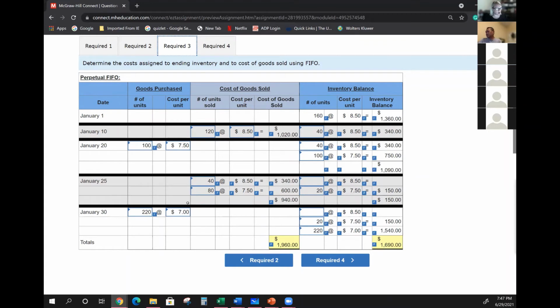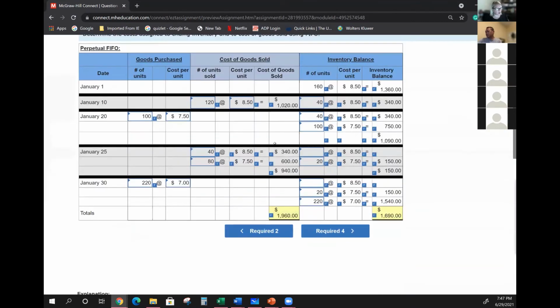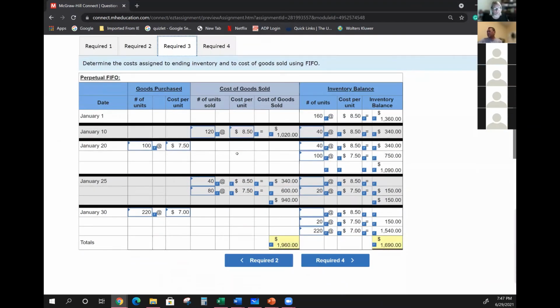So when I sell in the next transaction on the 25th, I'm selling 120 units. I'm doing FIFO, so I've got to go back to the beginning, to my first ones that were in. How many did I have left from after that initial sale? I only had 40 left, right?